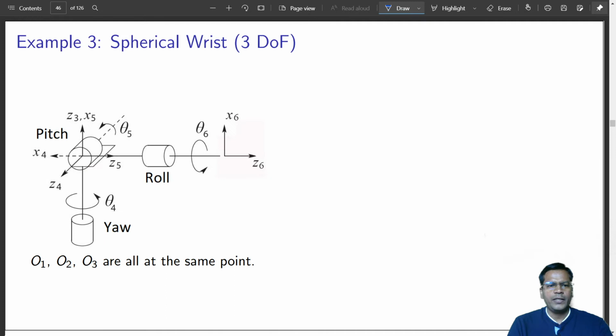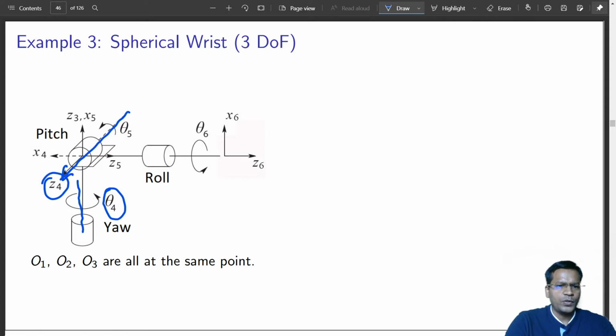Now coming to just the orientation part, that is the spherical wrist. It is just like a spherical joint. The first axis is theta 4, it has a rotation axis, and the z axis comes like this. Next z axis is this one, this is z4; the first one was z3. z3 is like this, z4 is like this, and then you have z5, which is like this.